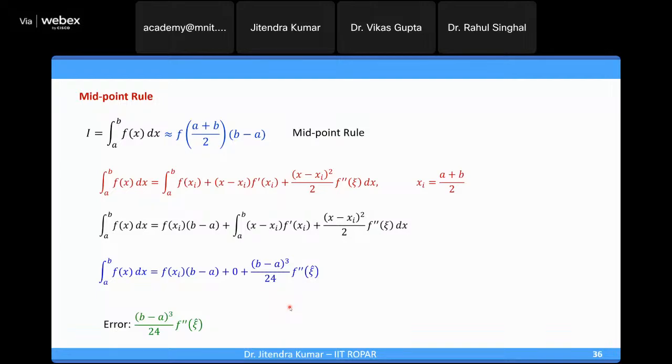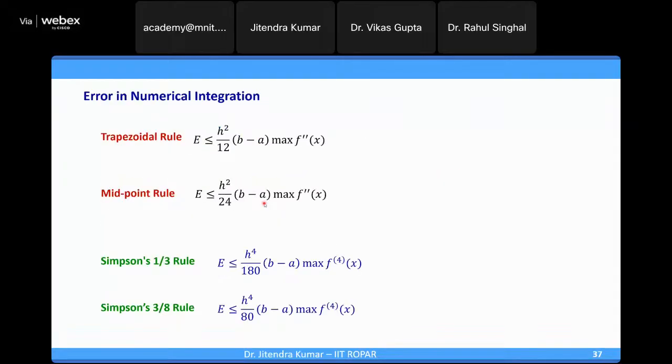As I have written here, the error in the composite rule is of h squared. So there also it was h squared. So this is another version that we can derive using the Taylor polynomial, not just the interpolating polynomial. Using the Taylor polynomial, we can also derive the midpoint rule.